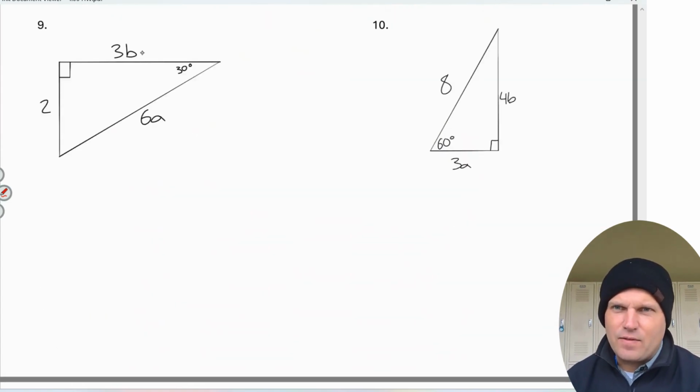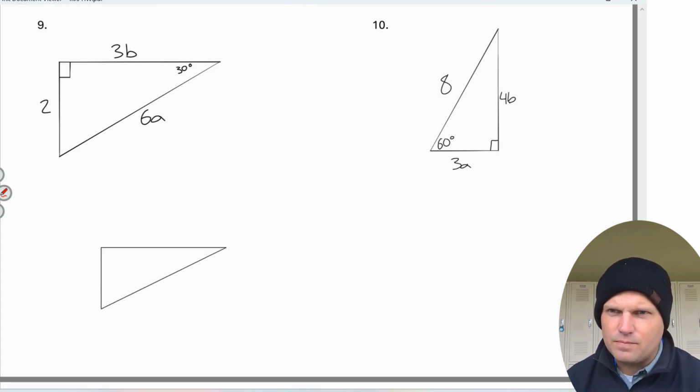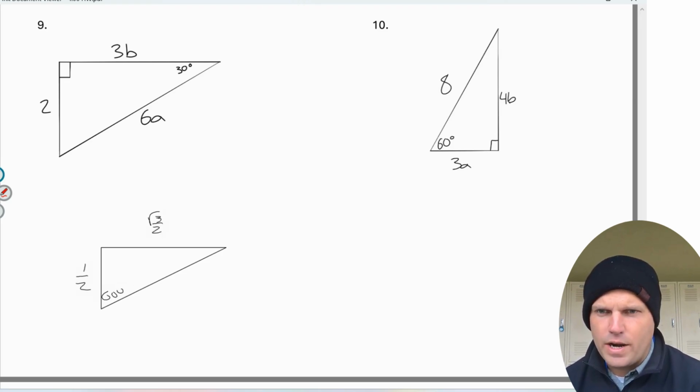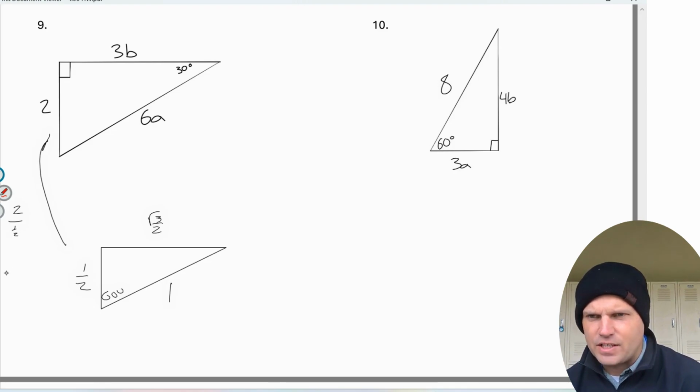Now, what if I give you this and I ask you for A and B? It's a little bit trickier. See if you can figure this out. Well, if this is our 60-degree triangle, this would be our longer side. This would be the 1/2 splitting of that. To go from 1/2 to 2, 2 divided by 1/2 is the same as 2 over 1 times 2 over 1. That's times 4.